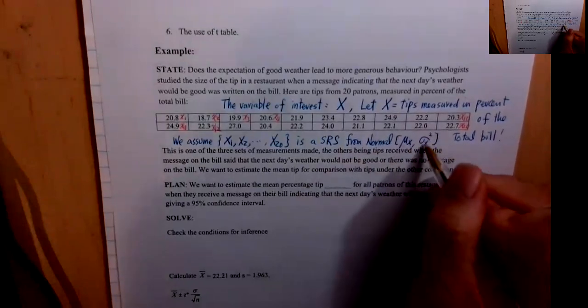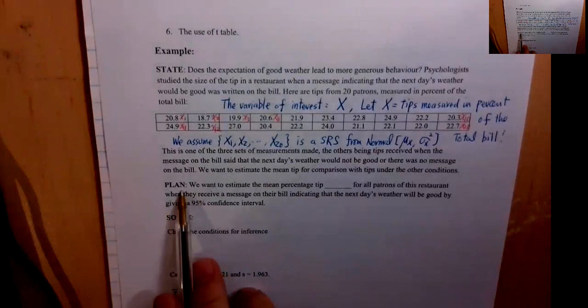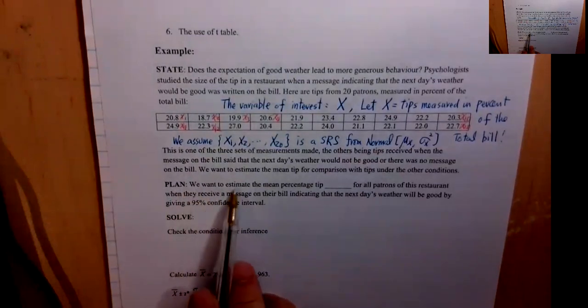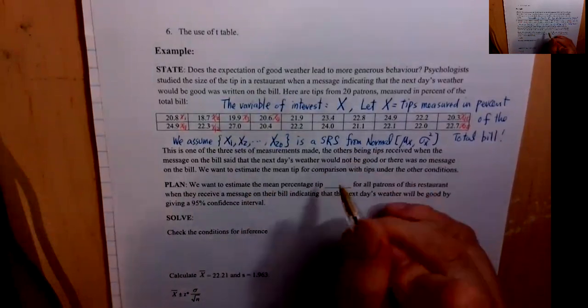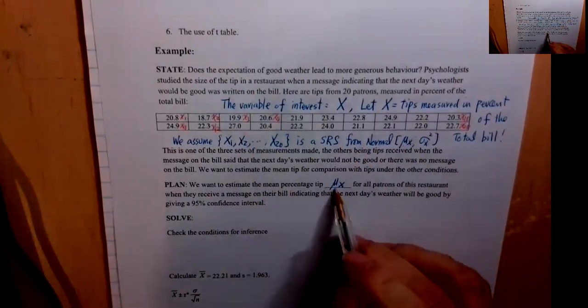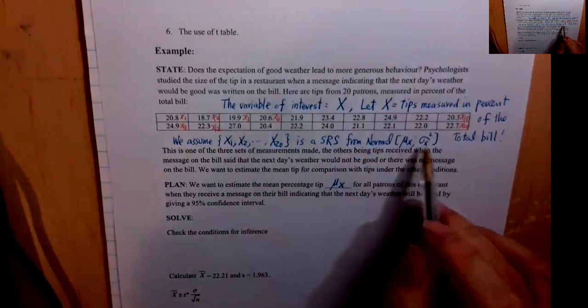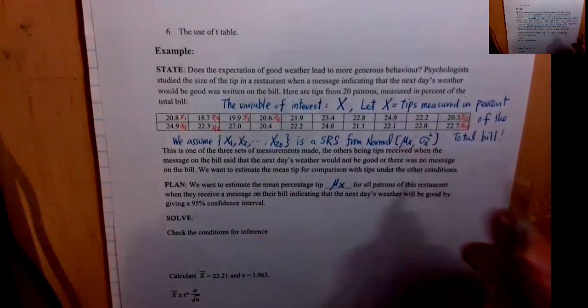Both mu x and sigma x are unknown. And what we want to do is estimate the mean percentage tips. The mean percentage tips in our notation here is mu x. Remember, we say mu x and sigma x squared. In real life applications, both are unknown.